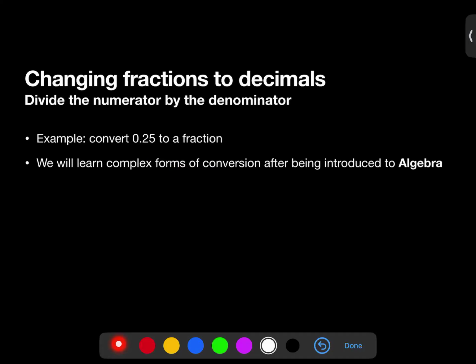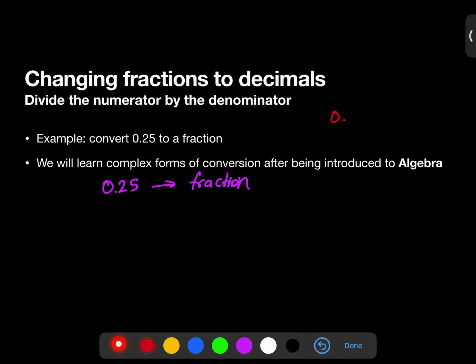Now let's try the other way around. Let's go from a decimal to a fraction. So we want to go from 0.25 to a fraction. Now we have something a little bit different. Remember, the first example we saw was 0.6.